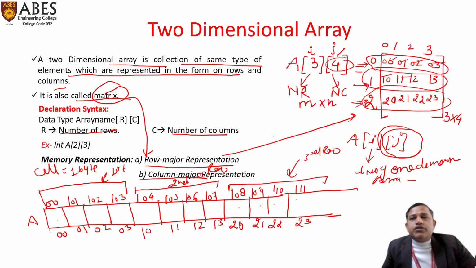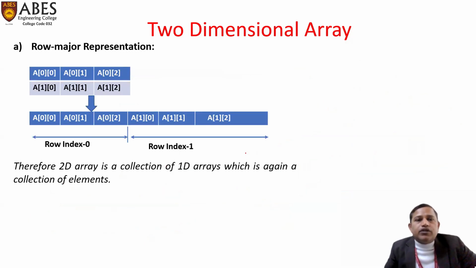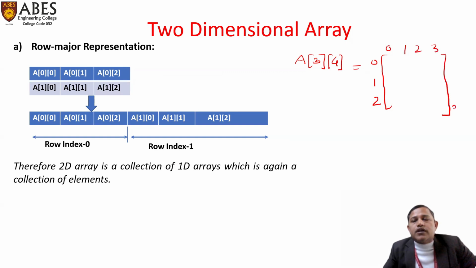Now we will start finding the address of any particular element. Suppose I repeat the representation of the array, with 3 rows and 4 columns in matrix form. The column numbers are 0, 1, 2, 3, and the size of the matrix is 3 into 4.